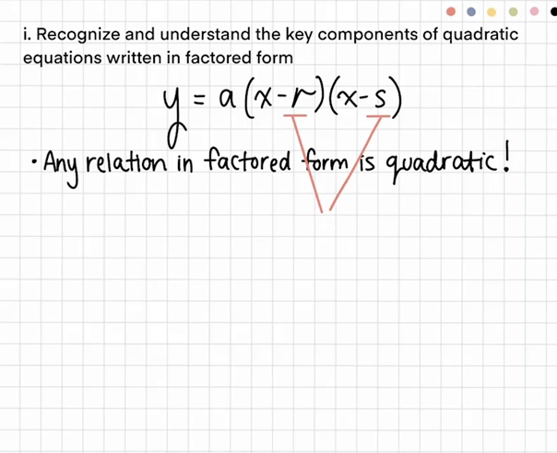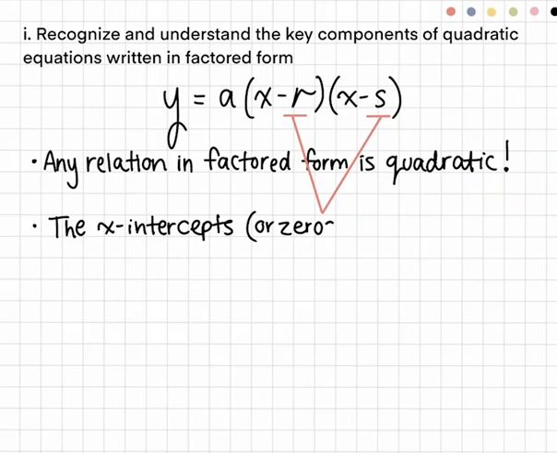So r and s are the x-intercepts, which are also known as the zeros. So if you hear zeros, that's what they're talking about. They are r and s.